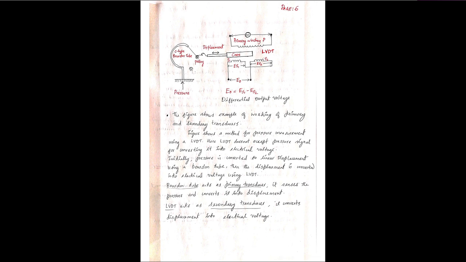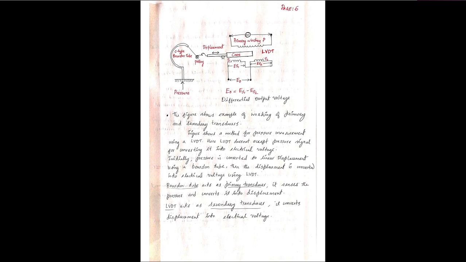Due to the excitation of the core, the differential output voltage here will be changing. So based on the pressure applied, the voltage will change. This applied pressure corresponds to the change in differential output voltage.